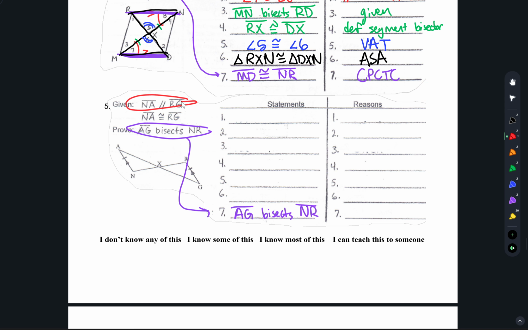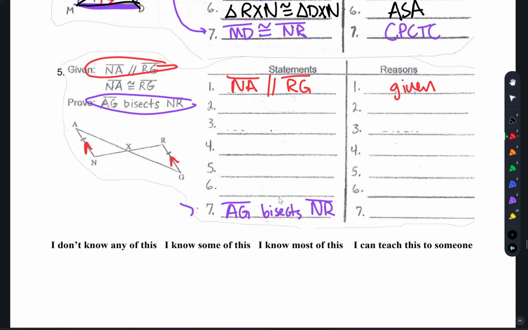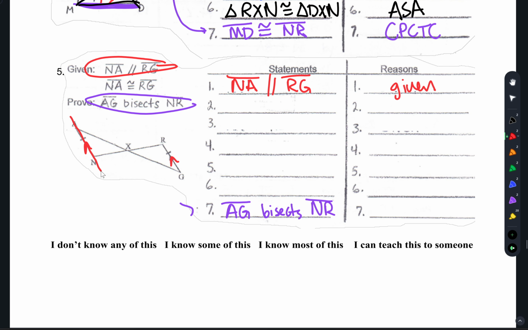I'm starting with NA is parallel to RG. What does that tell me? Here's NA, here's RG. You can use one letter if you would like to. What does that tell me?